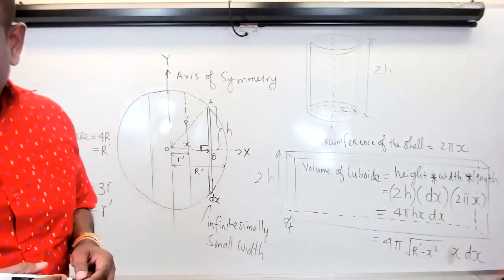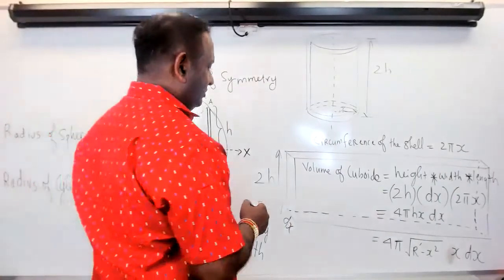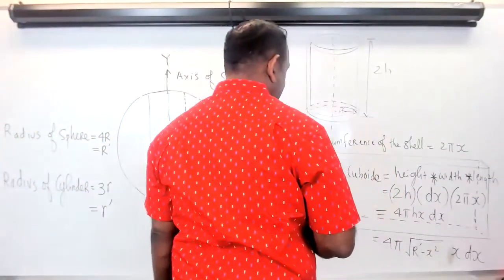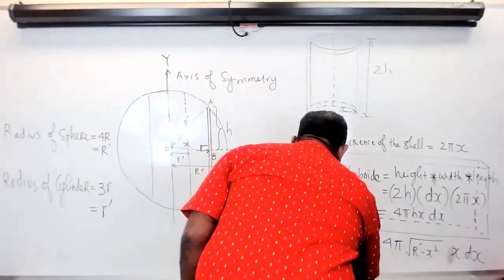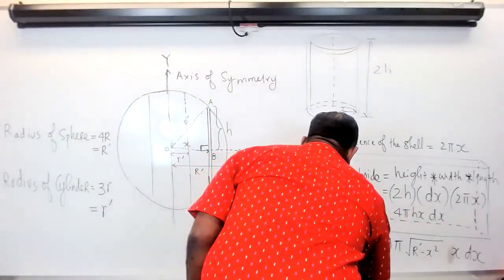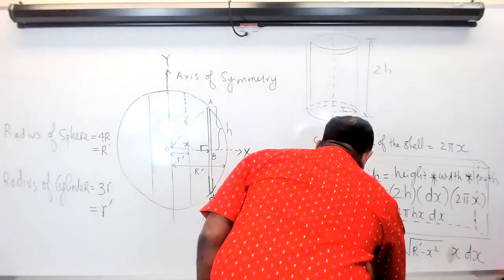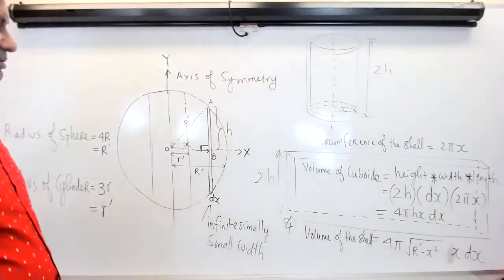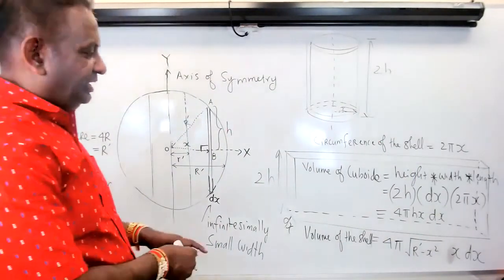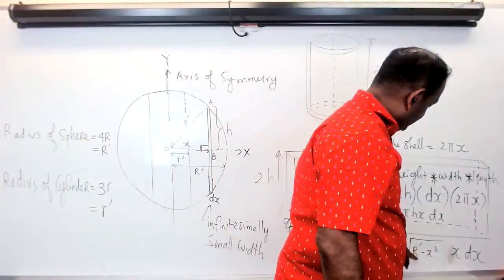So this is the volume of the cuboid, or the volume of the shell. I replaced h with what we got earlier.